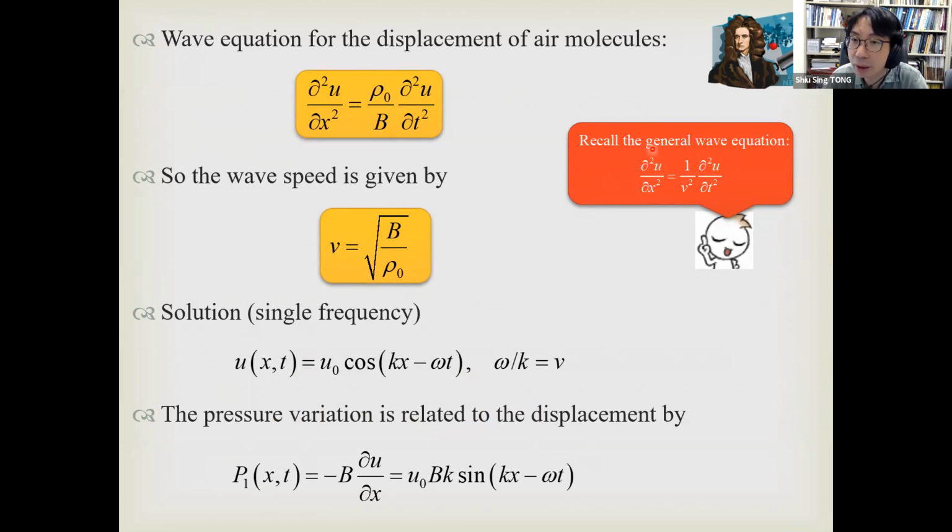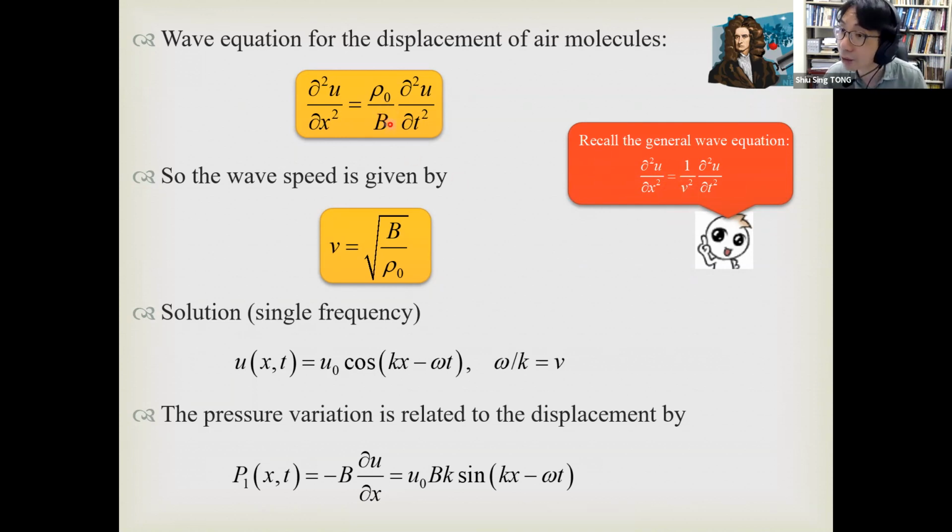When we derived the wave equation for the vibrating string, the transverse wave on the string, we arrived at this equation. And in that case, the constant was mu over tau, so v squared is tau over mu. v is the square root of tau over mu.